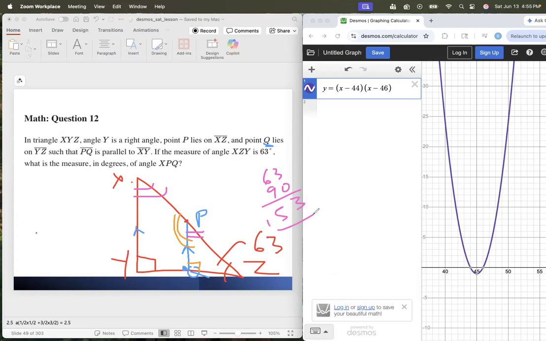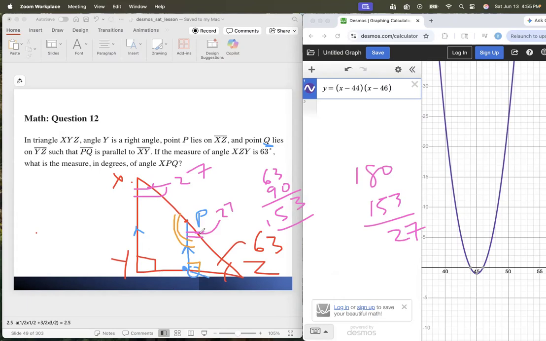So that's the first angle, right? If you subtract 153 from 180, you're going to get 27. Therefore, this angle is 27. If this is parallel to that, this angle is also 27. So I have 27, 90, right? This should give you the angle here.